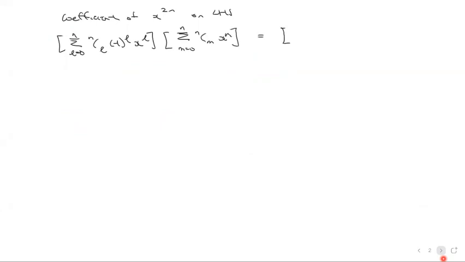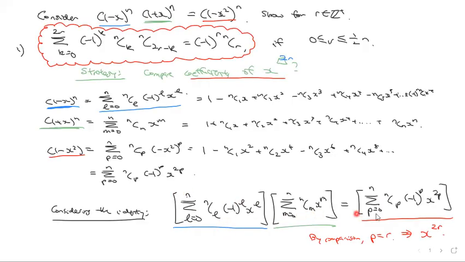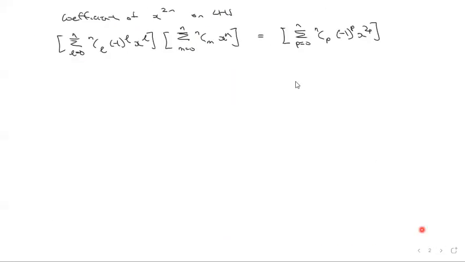We don't really care too much on the right-hand side, but for completeness, we'll write it in. Just double check everything is correct. Okay, looks fine. So remember, we need to compare coefficients of 2r.